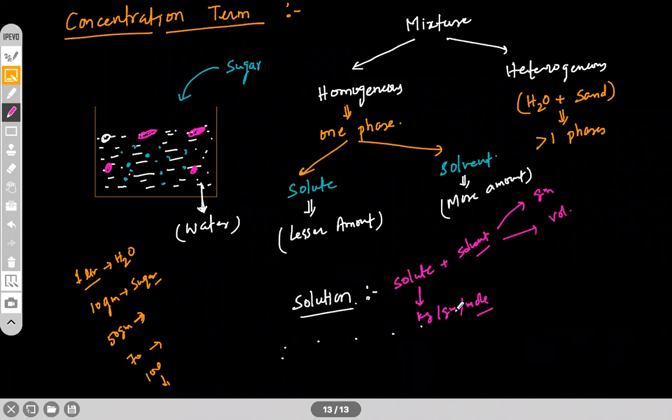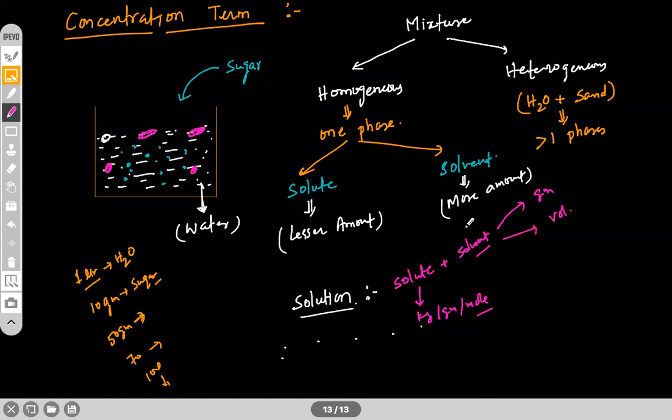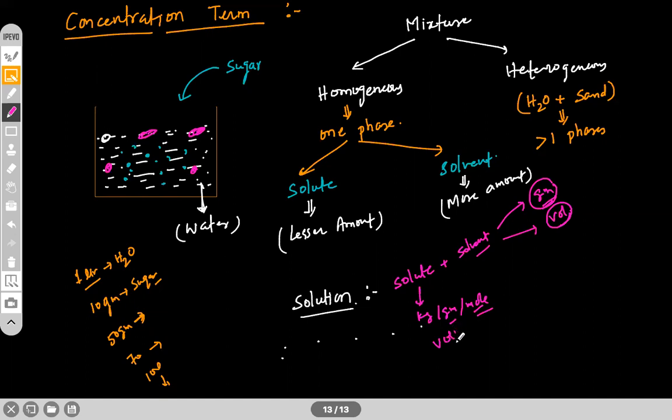We can say this gram of solute is present in this volume of solvent, or this gram of solute is present in this mass of solvent. So there are two terms here: mass of solvent and volume of solvent. For solute also we can take mass, or we can take the volume of solute. So all these possibilities we have.